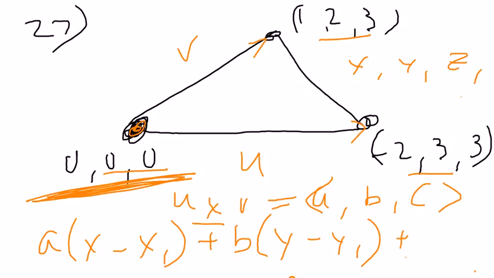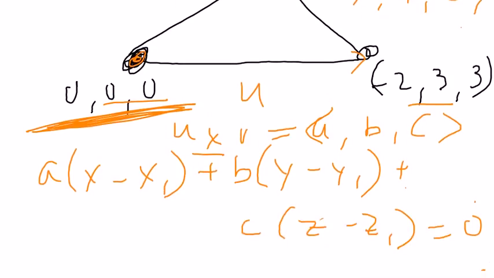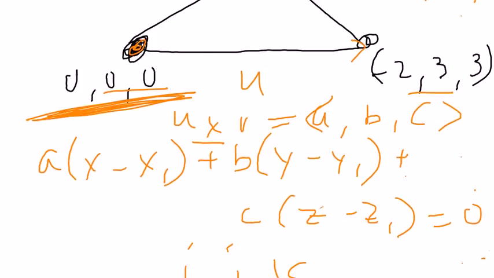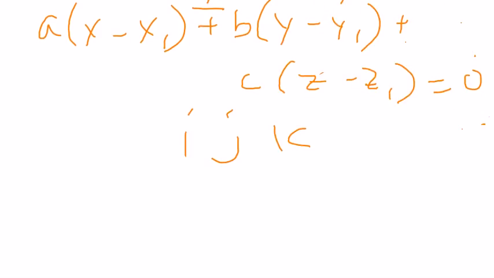All right. So to do this problem, we need to take u cross v. So i, j, k. u would be the vector from this point, 0, 0, 0, to this point, negative 2, 3, 3. Since we're using 0, 0, 0, the vector that goes from here to here is just that point, so negative 2, 3, 3.